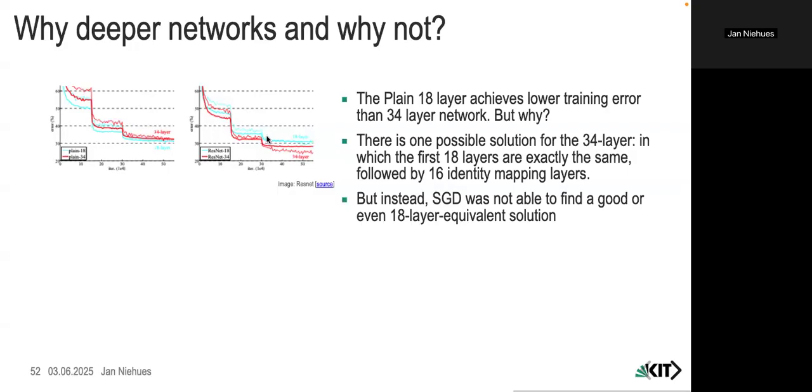And that clearly says something with the optimization is not working. Because with a bigger network, you can always approximate the smaller one. You can just learn that the lower layers do exactly the same, and the top layers just do nothing, just directly transport the input.